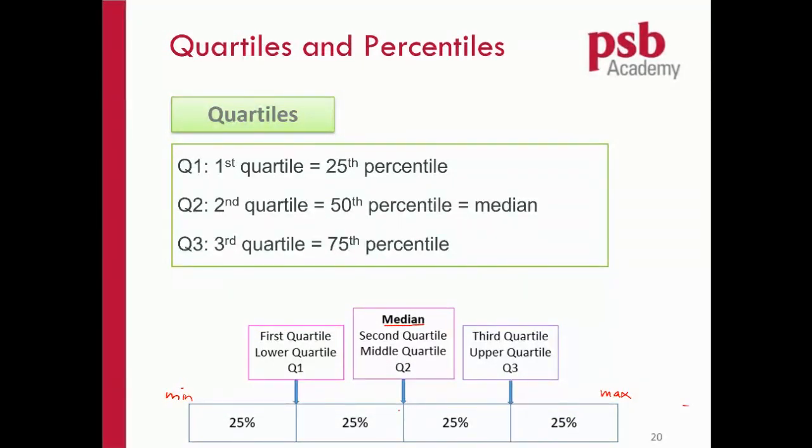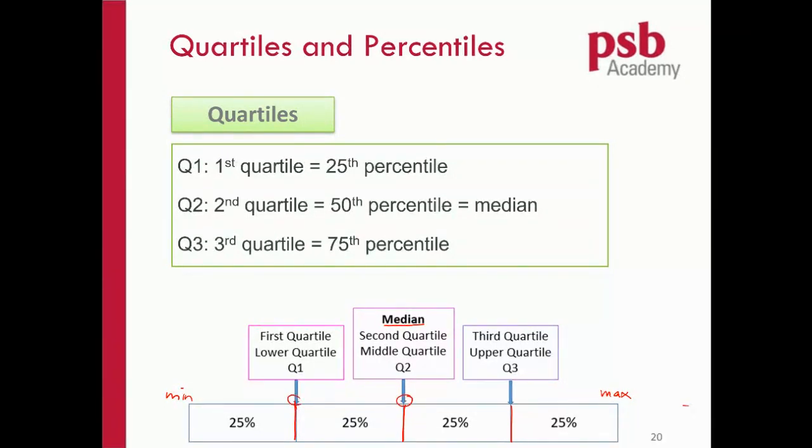So the median is at the 50% point. 25, 25, 25 plus 25 will give you 50%. Now you're going to split another 2 on the lower half and another 2 on the upper half. So each section will be 25%. At this point, you call that the median.